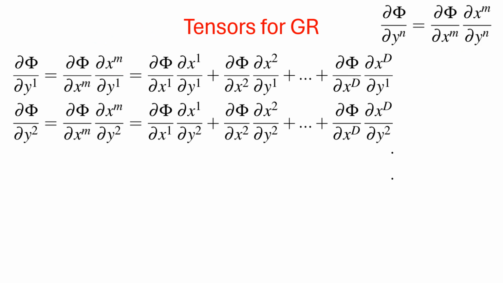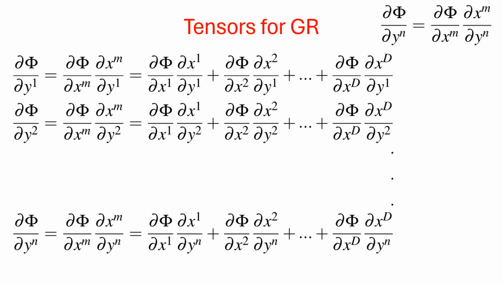Similarly, the change in phi, del phi by del y2, we can write introducing dummy variable xm. So on and so forth. We can go on making this, and we can write del phi by del yn equal to del phi by del xm into del xm by del yn.